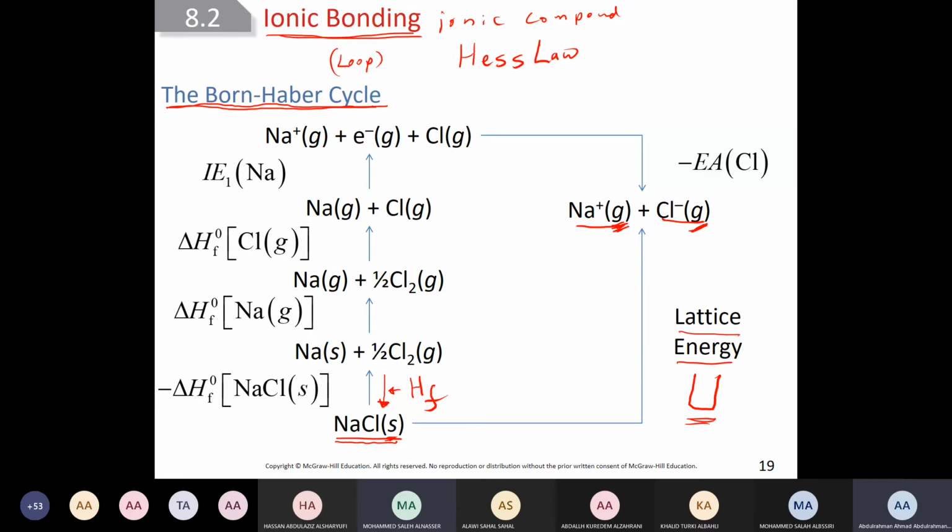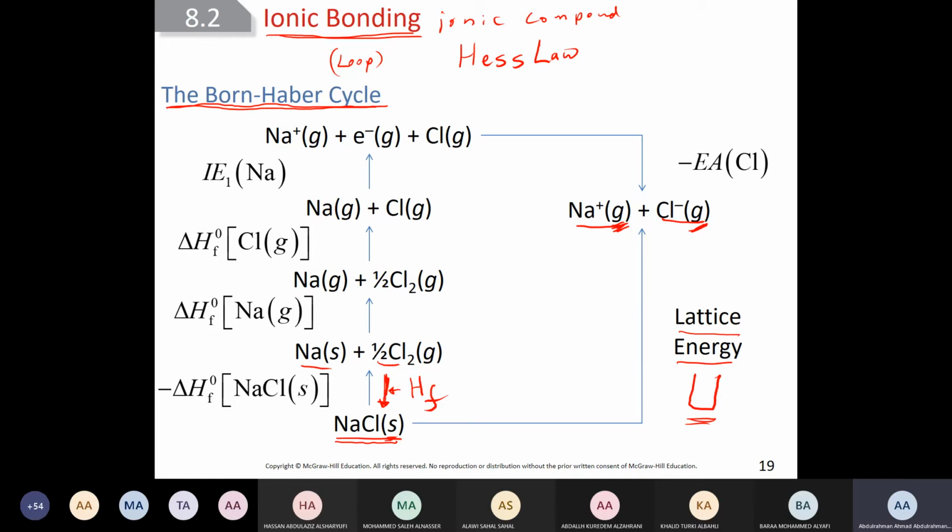The heat produced when forming 1 mole of a compound at STP from its constituent elements, from naturally occurring elements. And that's why the red arrow here is delta H of formation.